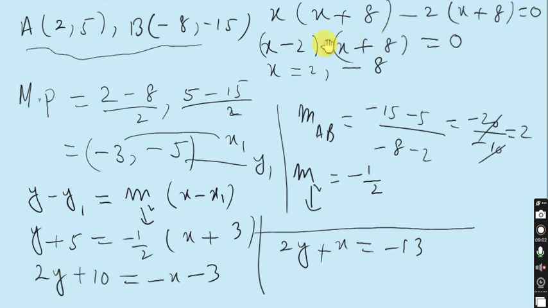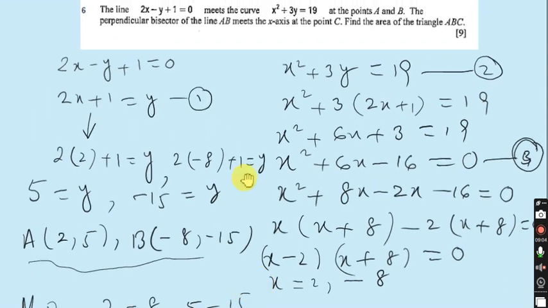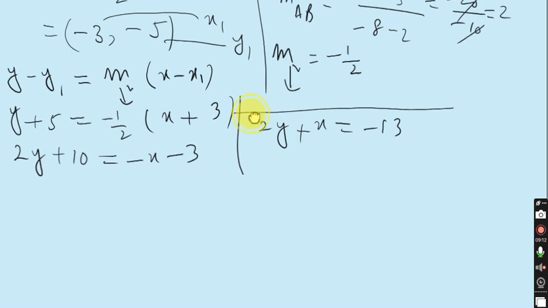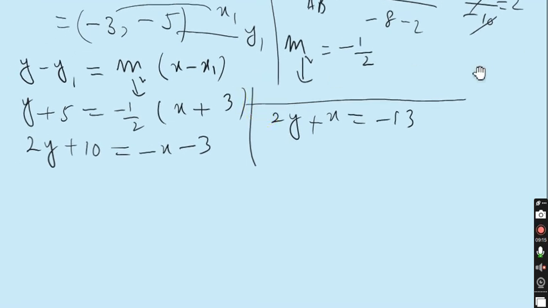Now read the question again. The perpendicular bisector of the line AB meets the x-axis at the point C. So when this line meets the x-axis, it means the coordinate of C must be (x, 0). Why?